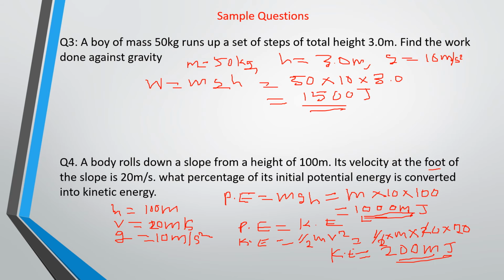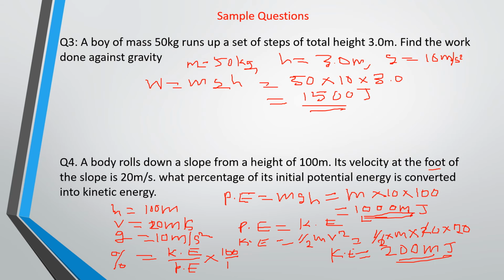Okay, so the percentage energy converted is equal to kinetic energy all over potential energy, times 100 all over 1.